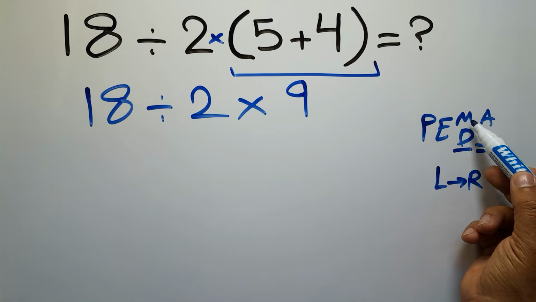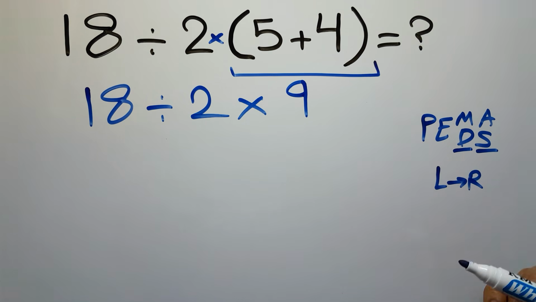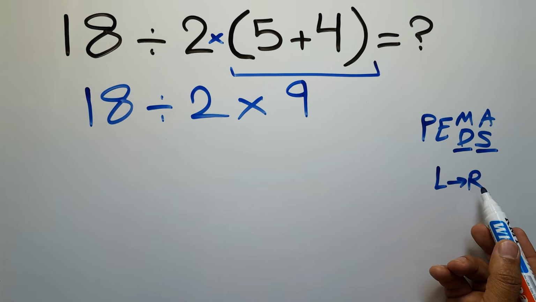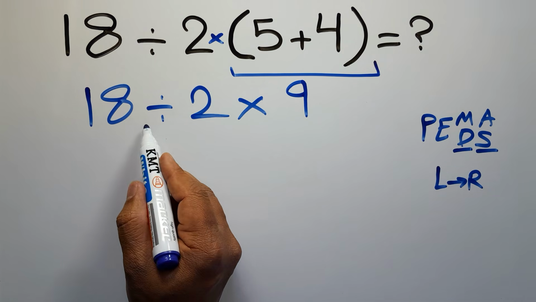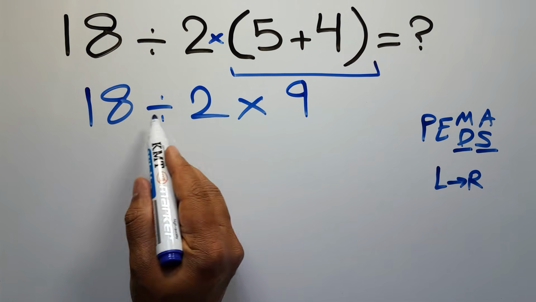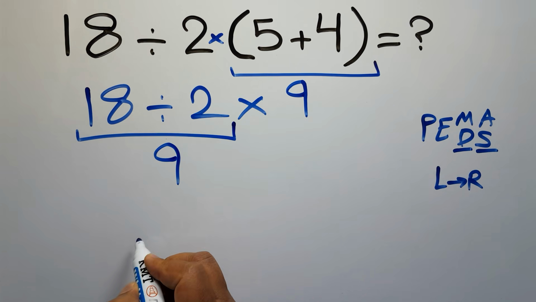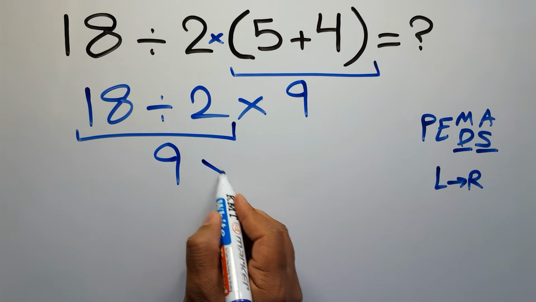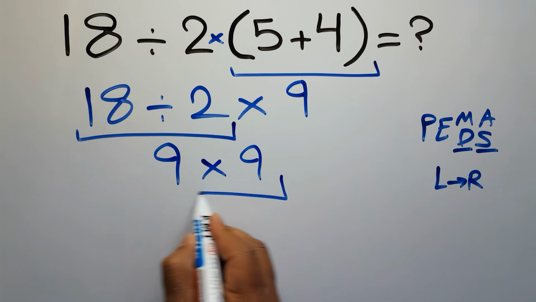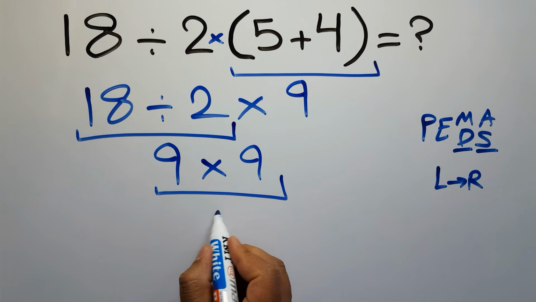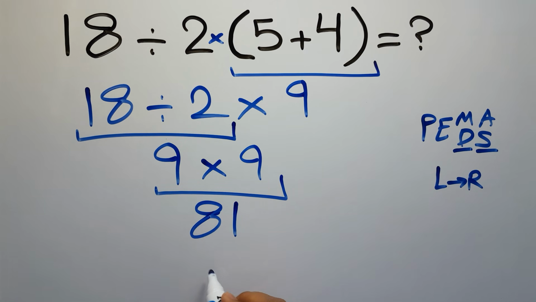As I said, multiplication and division have equal priority and we have to work from left to right. So here, first we have to do this division. 18 divided by 2 gives us 9. So we have 9 times 9, which equals 81. And this is our final answer to this problem.